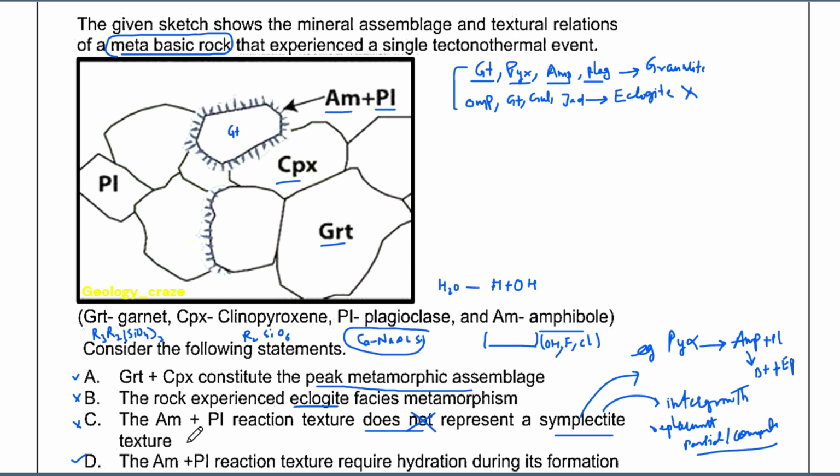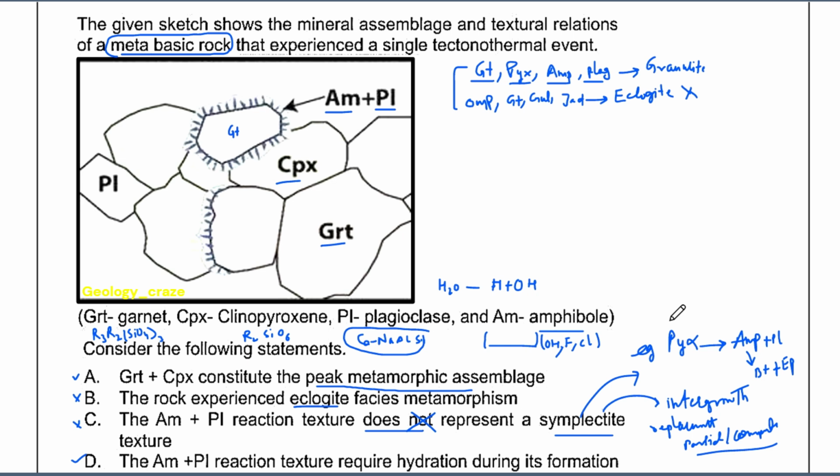Apart from this, after giving the exam I worked on this question again for my better understanding. What reaction makes this, and how do this CPX and garnet form?